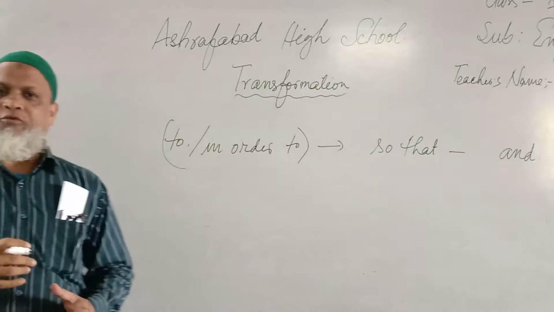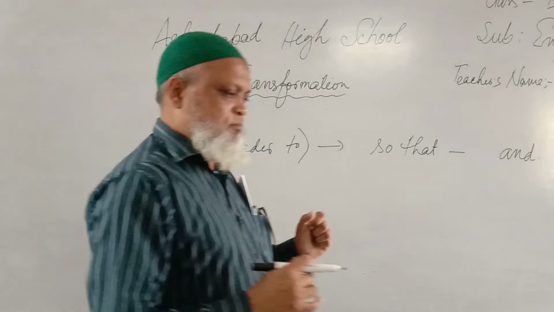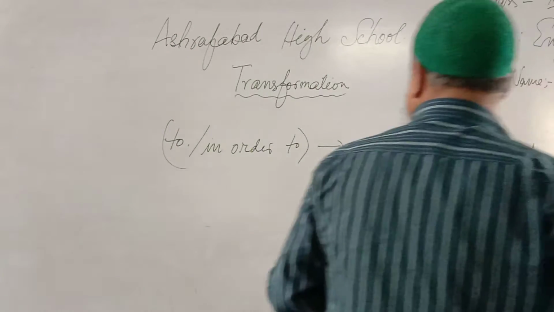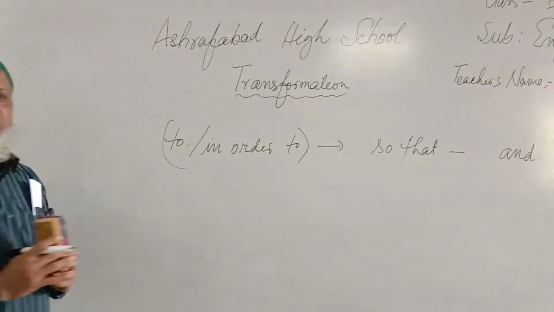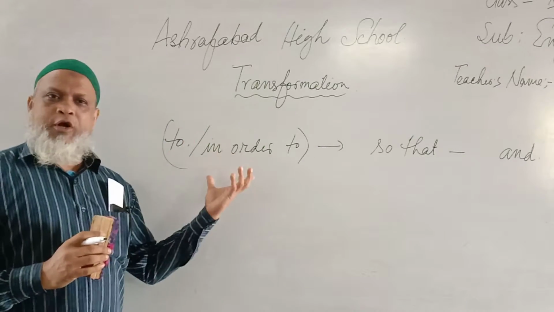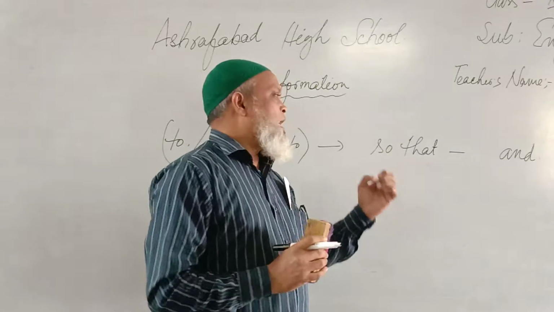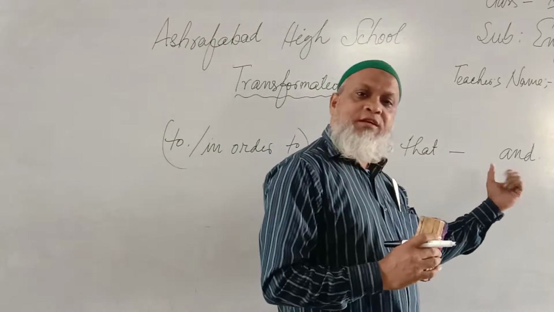I think all of you can understand me and see the example. Our gist is: simple sentence having to or in order to, complex sentence having so that, and compound sentence having and.